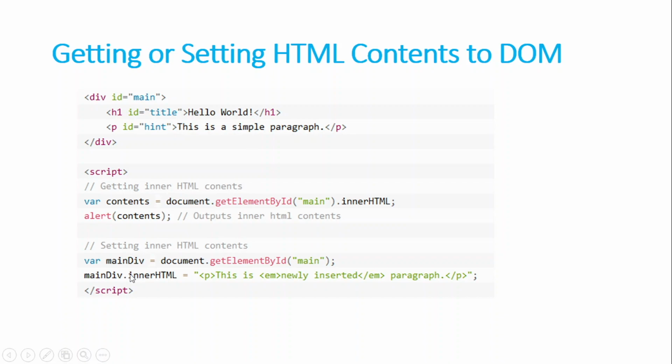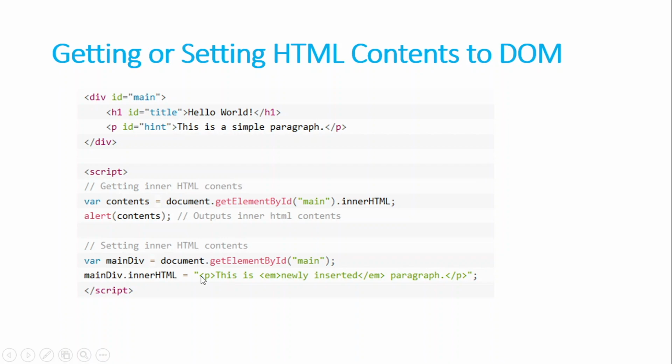After that, it is setting new content inside this main div. So this will be the newly inserted element. This p tag will be there now if we add this innerHTML and assign a new value to it. We have seen this property earlier, that we can add any tag here or any normal text content.